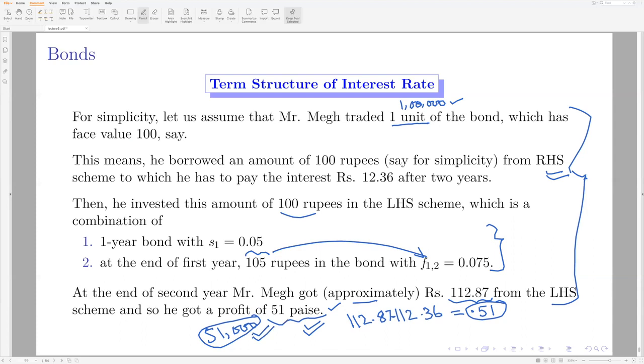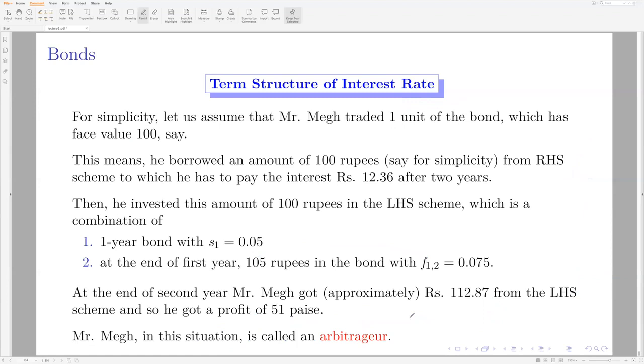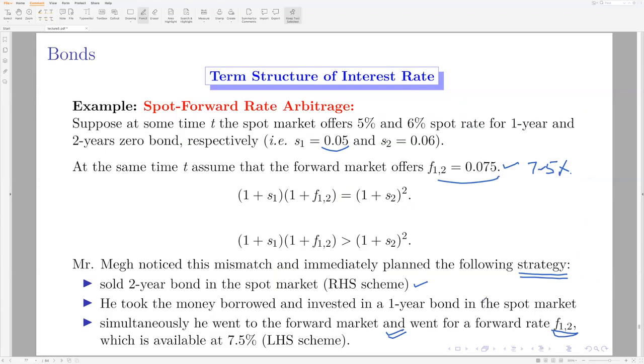Sometimes the market does give such opportunities, and there are people who will sit and look for such opportunities. They are called arbitrageurs. See, in the above example, we have seen that the way we have taken the parameters gave us this inequality. We can also choose the parameters such that the inequality goes like this, in which case he can accordingly alter his strategy and still make an arbitrage out of that mismatch between the market forward rate and the implied forward rate.